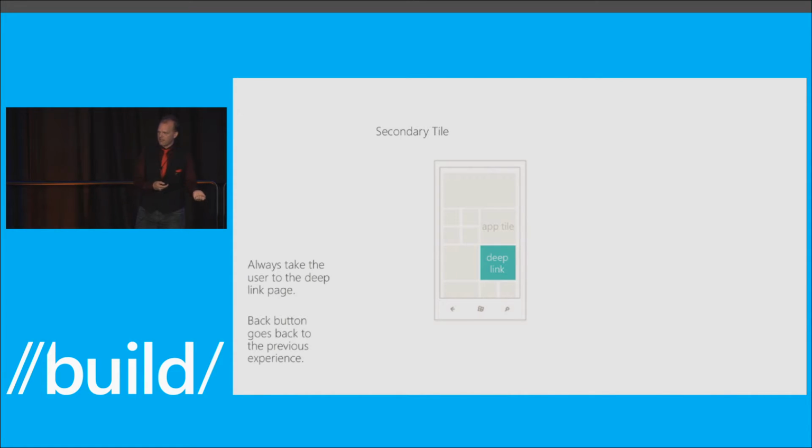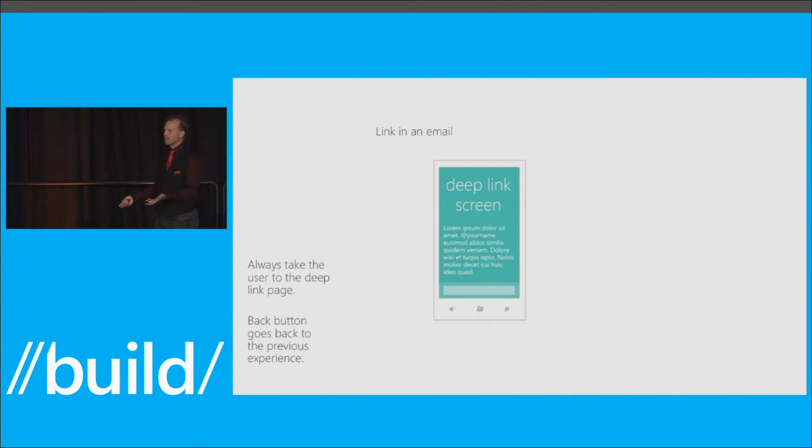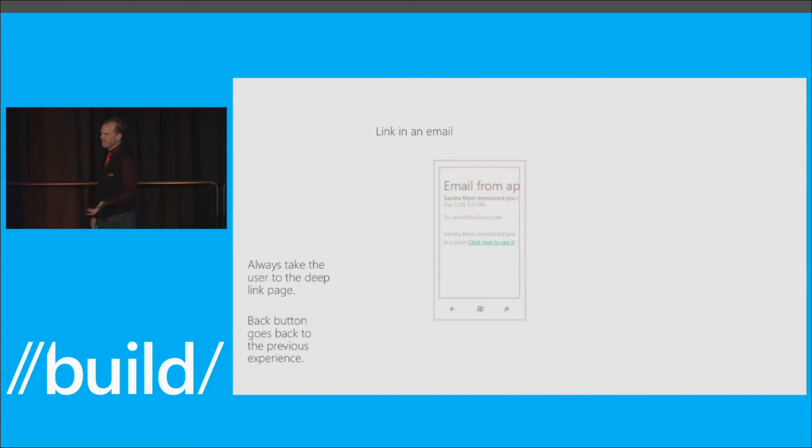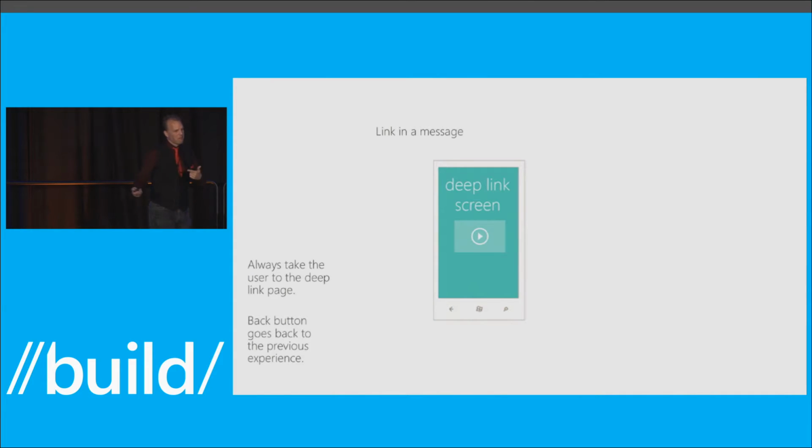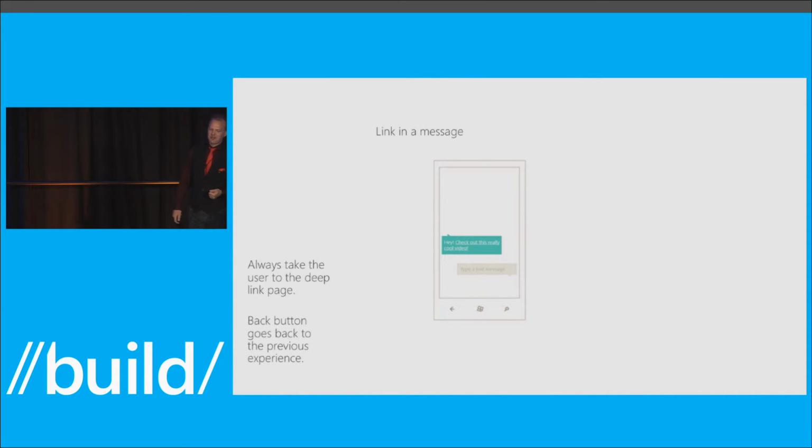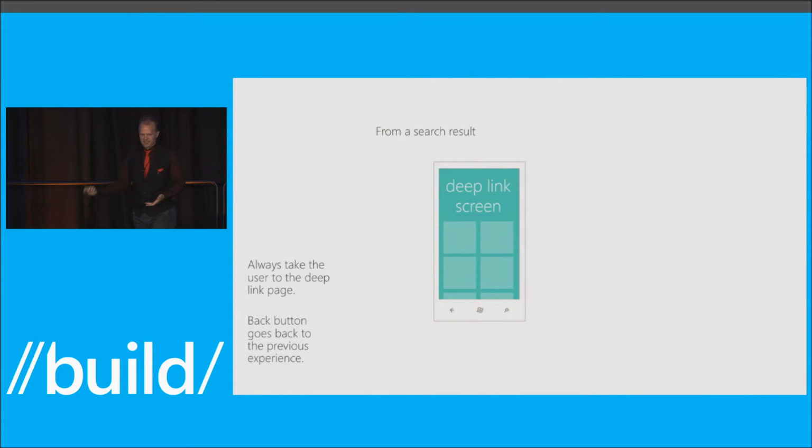Same goes for a link in an email into your deep link. When the user presses back, they go back to that email application. You see where I'm going with this, right? You have a link in a message, you go to that link, and the user comes back to the message. Search results, same thing.